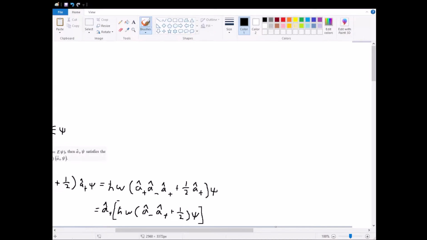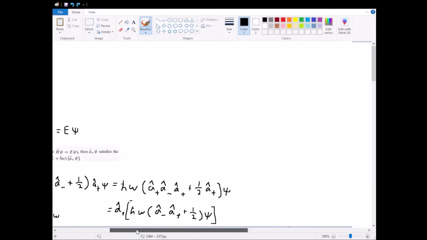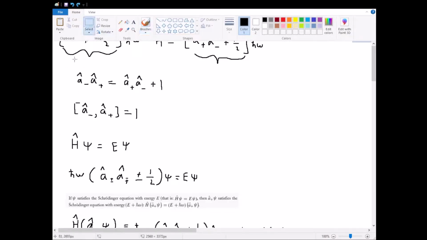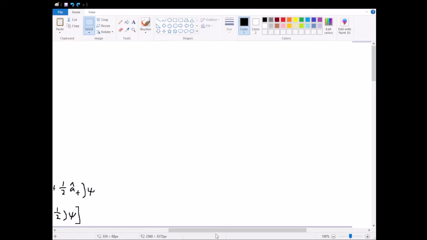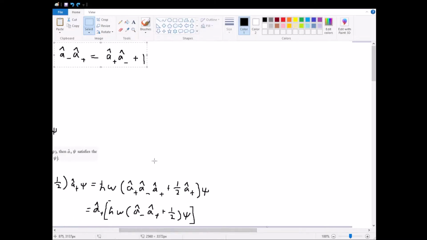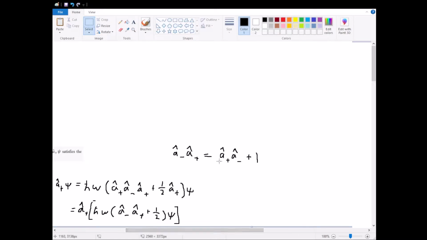And finally, we can note that a hat minus a hat plus is the commutator relation between this and the original. I'm going to copy this and move it down here for reference. So we're going to note finally that a hat minus times a hat plus is actually equal to a hat plus times a hat minus plus 1.